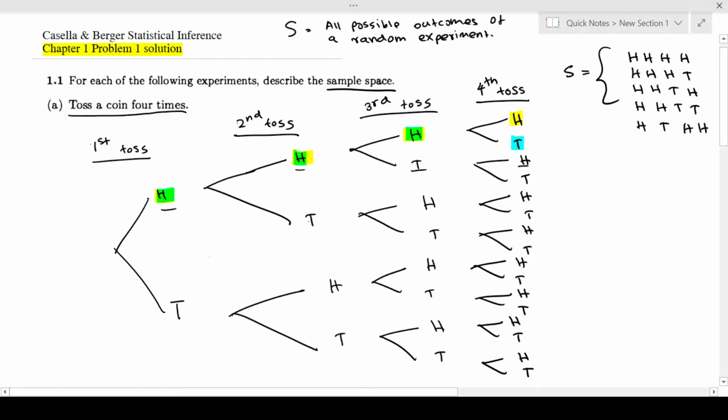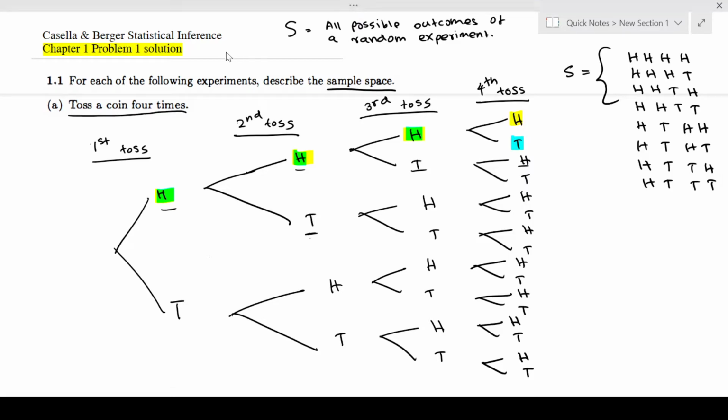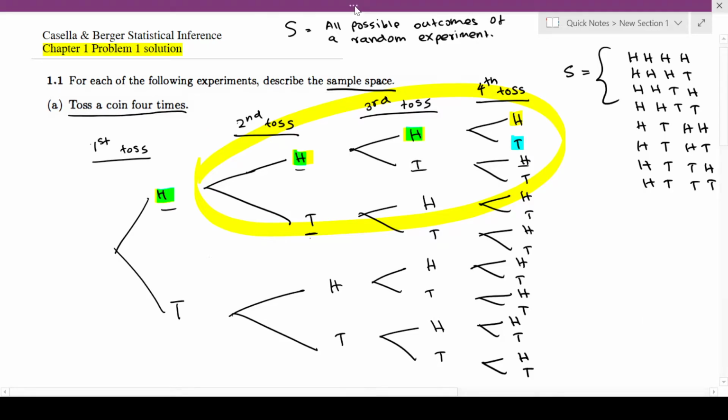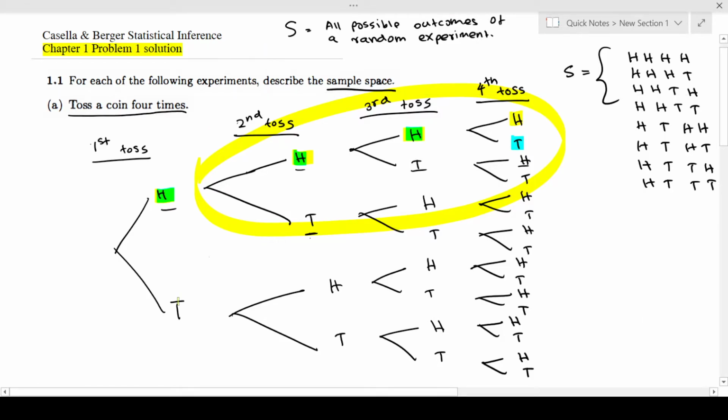Next, head, tail, head, tail. Next one, head, tail, tail, head, and head, tail, tail, tail. Now I'm done with this branch.